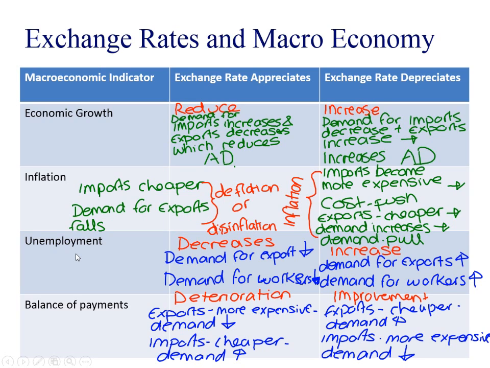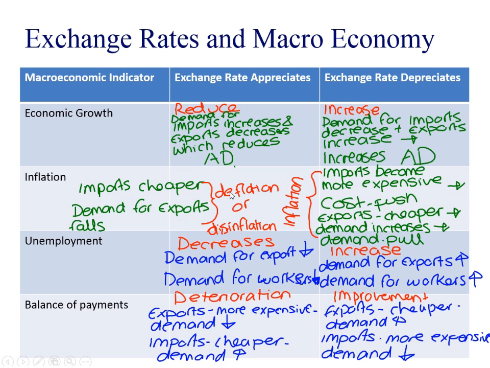The effect on unemployment: exchange rate appreciation, we know that it reduces AD, so it should decrease. I can see here I've made a little bit of a mistake. Okay, so here we go.